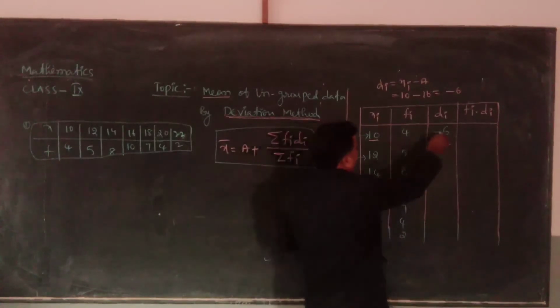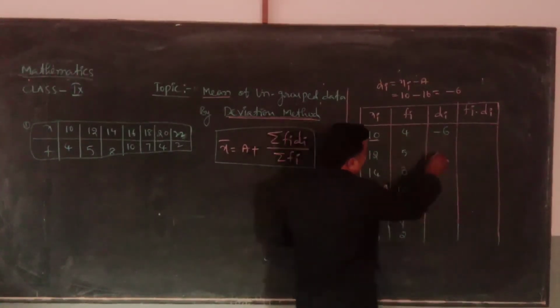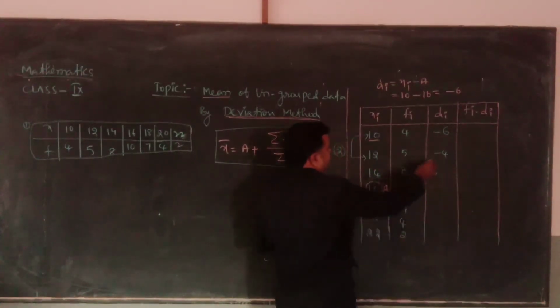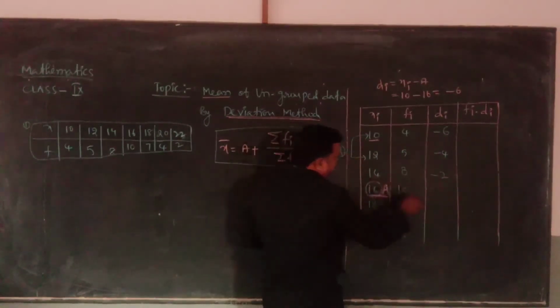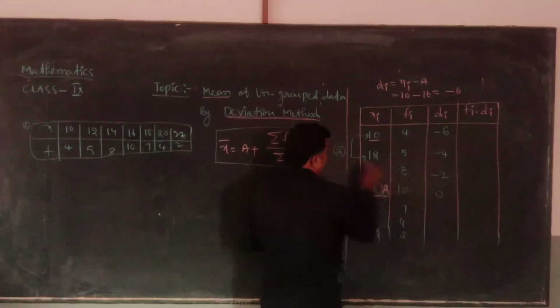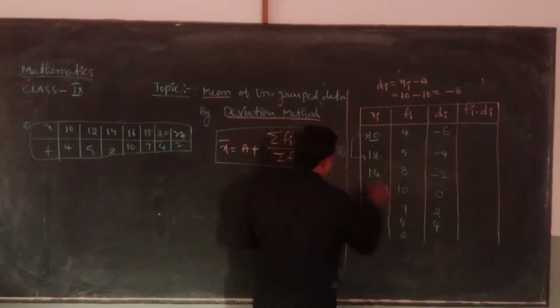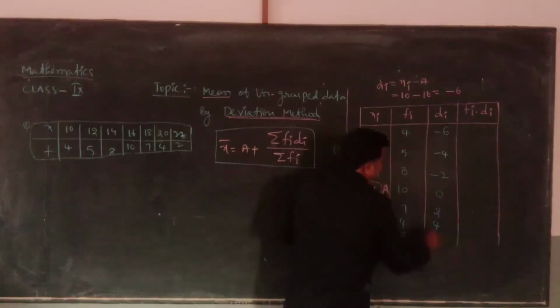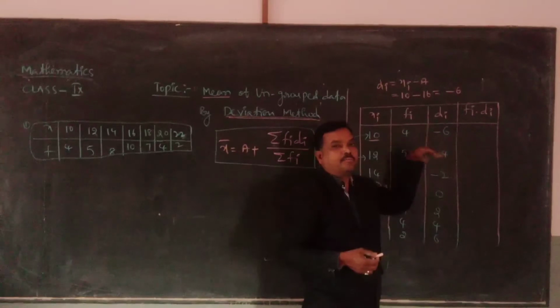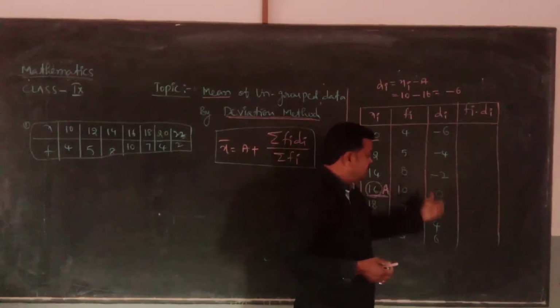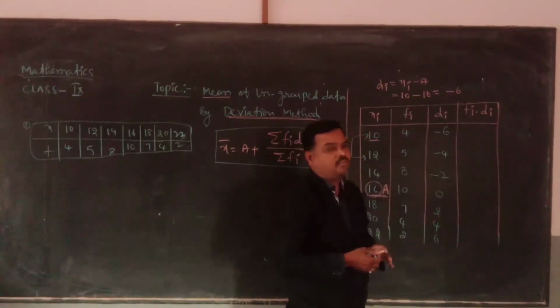Minus 6 plus 2 is minus 4, minus 4 plus 2 is minus 2, minus 2 plus 2 is 0, 0 plus 2 is 2, 2 plus 2 is 4, 4 plus 2 is 6. So this is the shortcut method. By adding the difference to the previous deviation value, we can get all the deviation values.